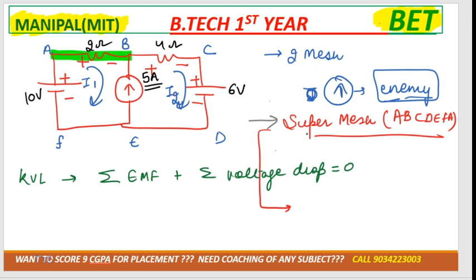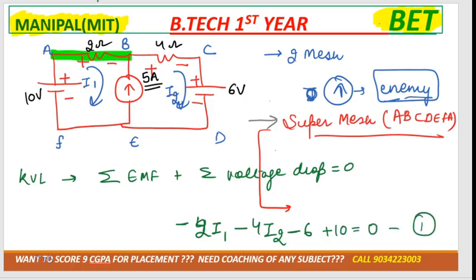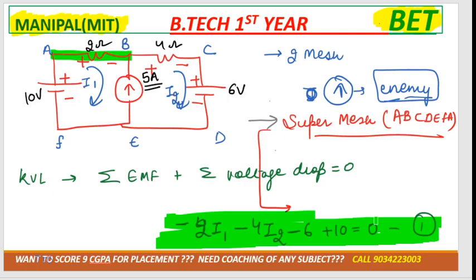That would be A to B, second sign: minus 2 I1 minus 4 I2 minus 6 plus 10 is equal to 0. Okay, so this is the first equation that we are getting from the super mesh.